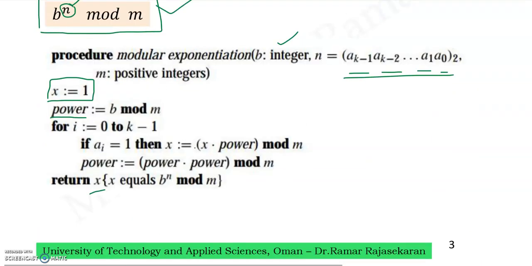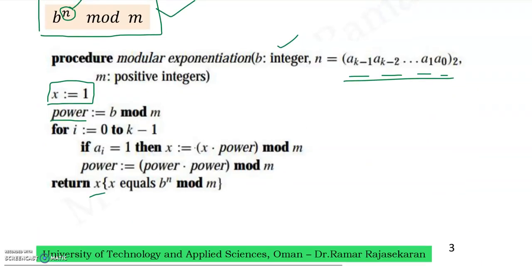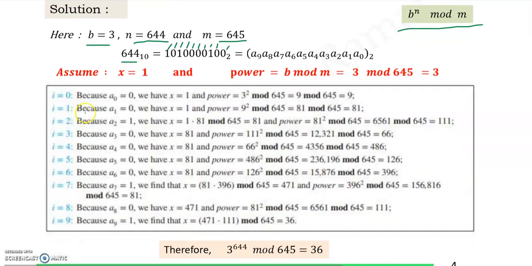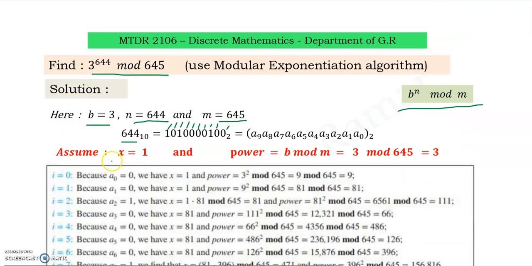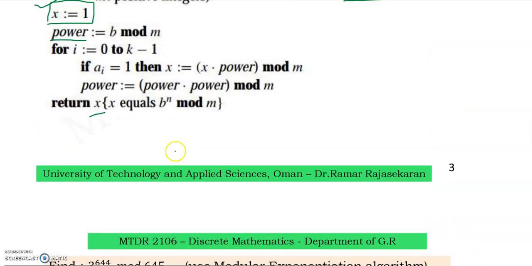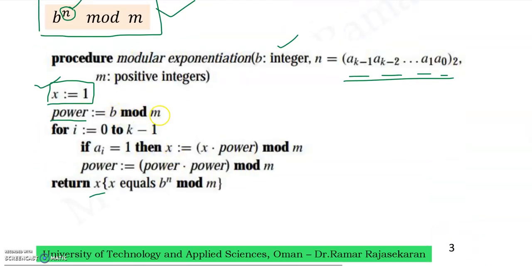But when we enter into the algorithm, before that we have to assume what is the value of x. So the value of x is 1. Okay. Then how to calculate power? Here I assume that the value of x is equal to 1. And how to calculate power? Power is equal to, what is the rule given here? B modulo m.